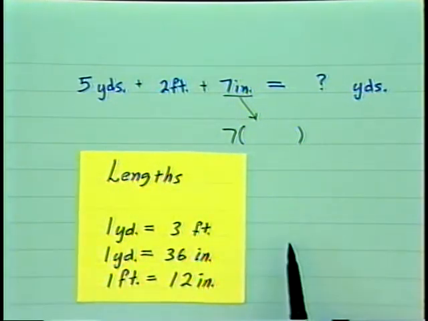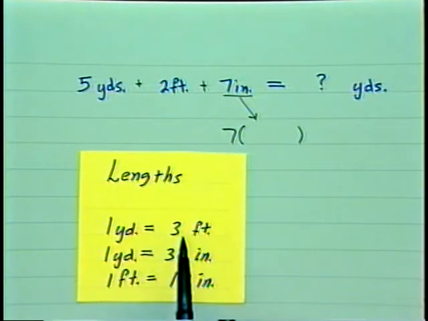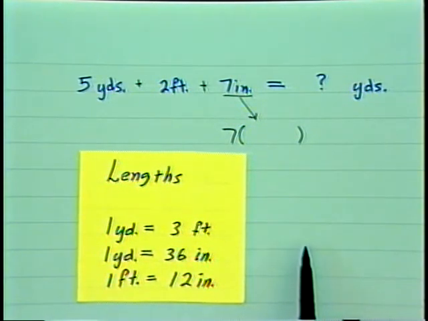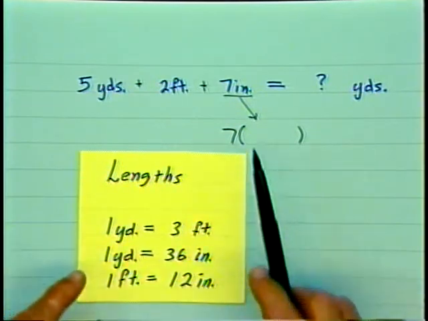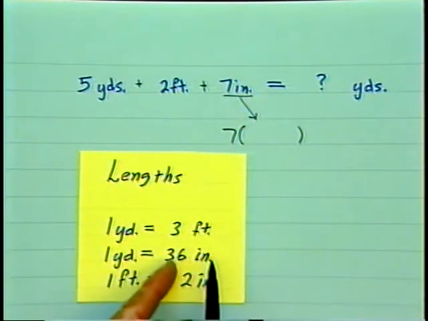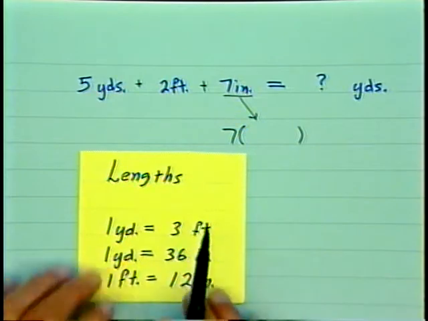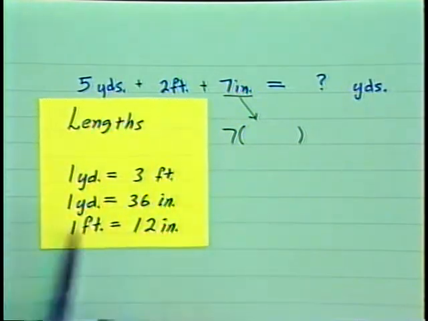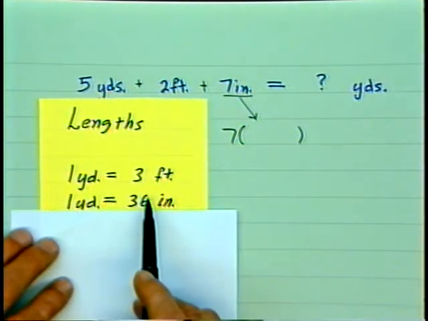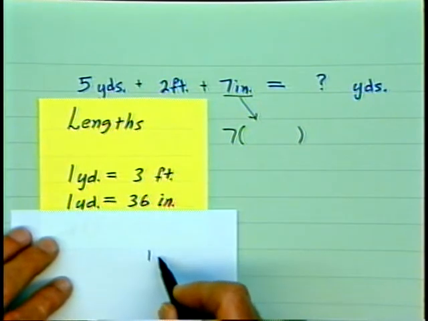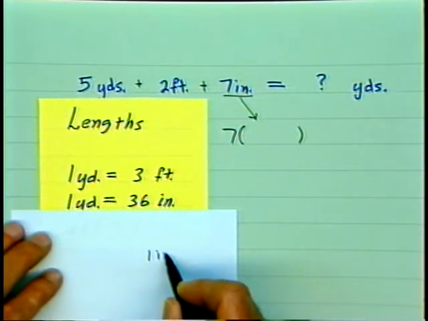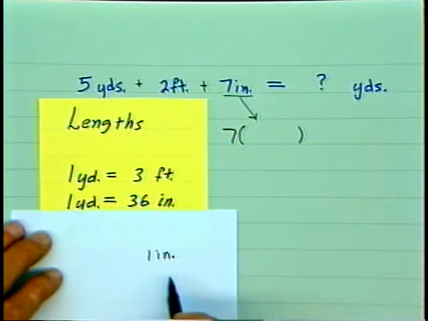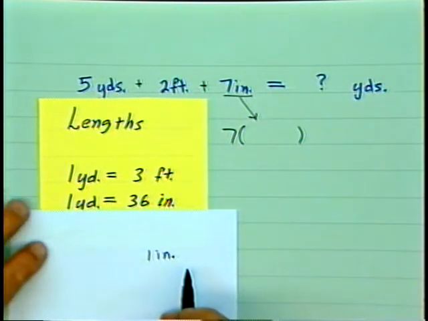In this chapter, we will use units that most people know just from their common everyday living. So most people know that there are 36 inches in 1 yard. But in this particular case, we don't want 36 inches, we want 1 inch. So a convenient way of looking at this is this.